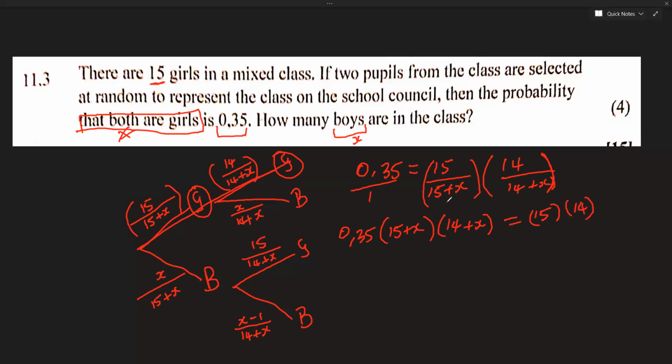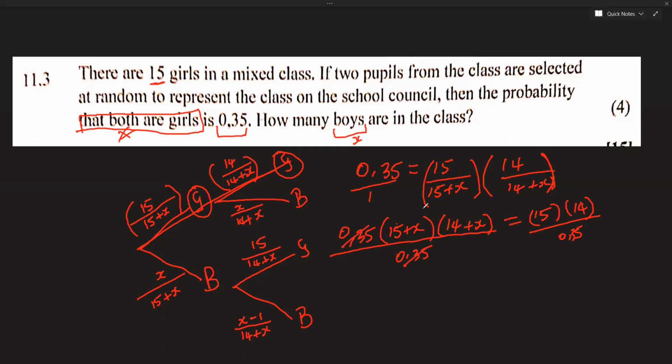No, the LCD was there, so it just disappears, right? And then now we can divide both sides by 0.35. So 0.35 both sides. So this will cancel that, right?